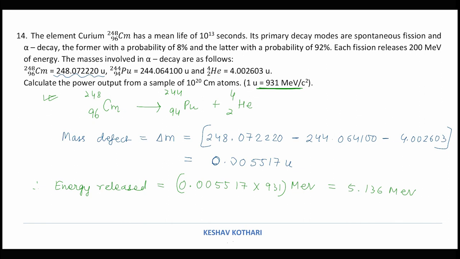Next we move on to the other data which is given to us. The question says that each fission releases 200 mega electron volt of energy, and the mean life is given as 10 to the power 13 seconds.